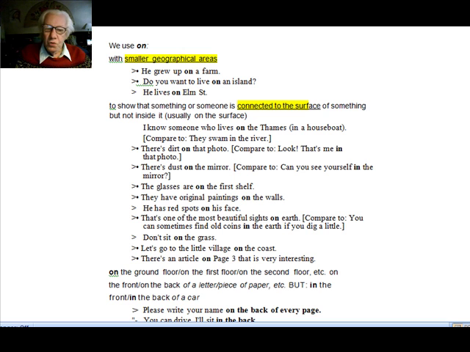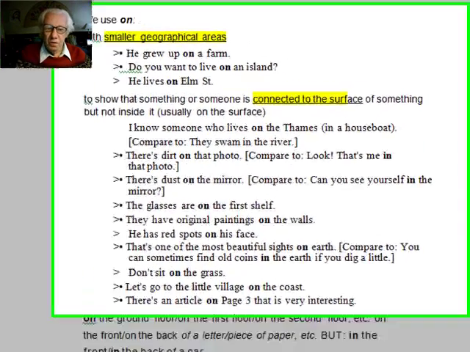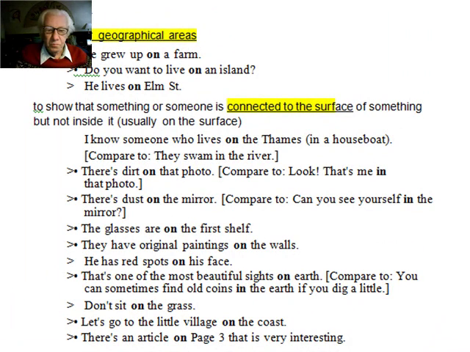On refers to smaller geographical areas and smaller time periods. In this one, we are going to talk about on, and here are some examples of using on.